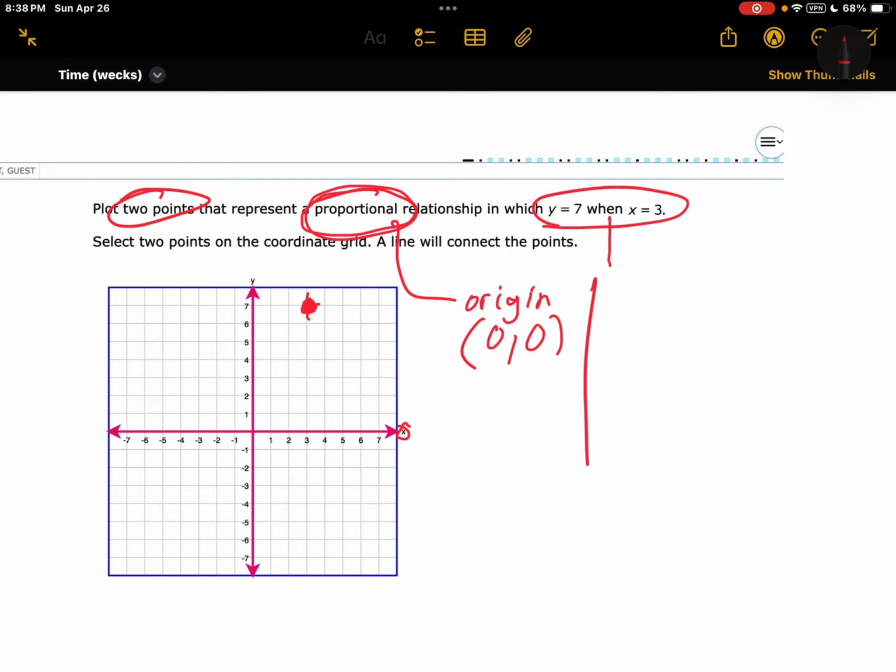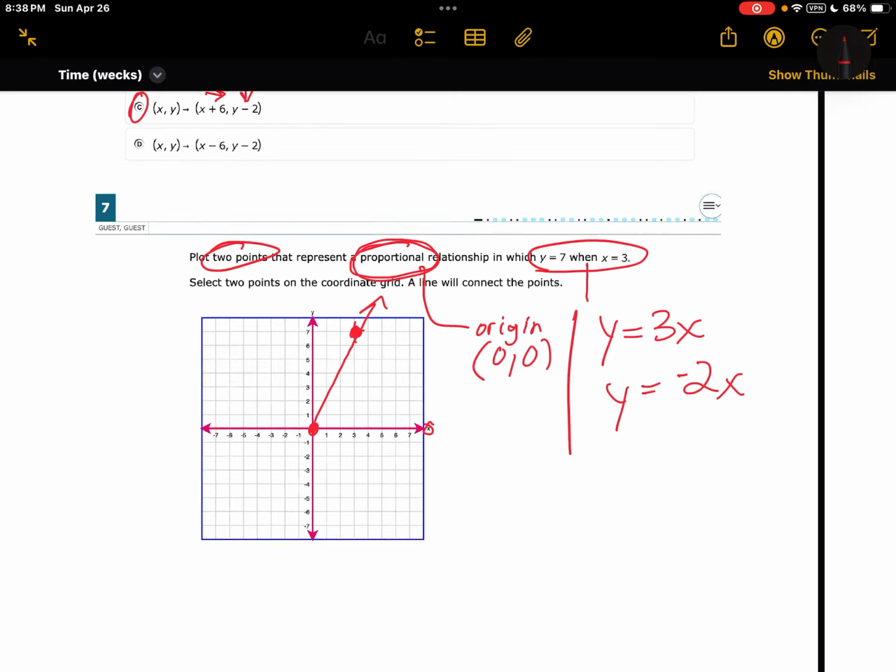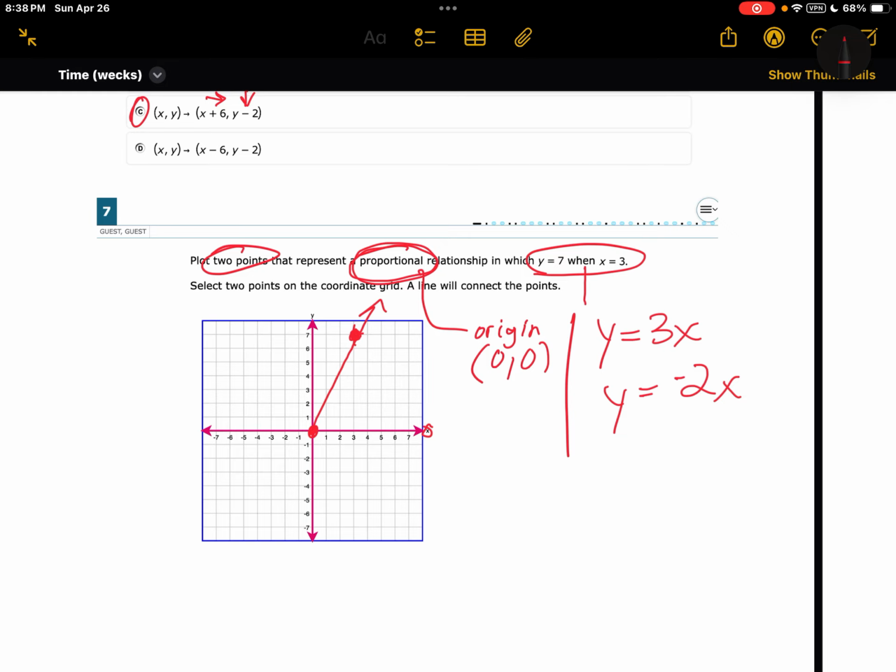If it were an equation, it would look something like this or like this, as long as there's no plus or minus at the back, as long as the y-intercept is 0. So anyways, you put both of these points and it would make a line for us. Again, these things I wrote right here are things about things being proportional.